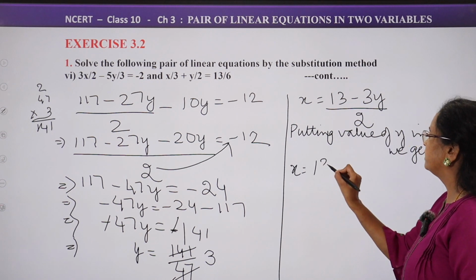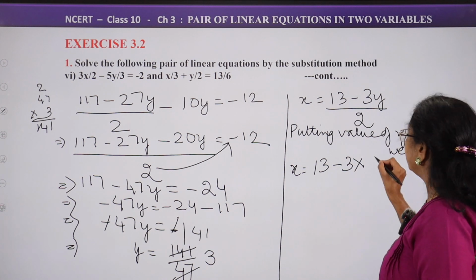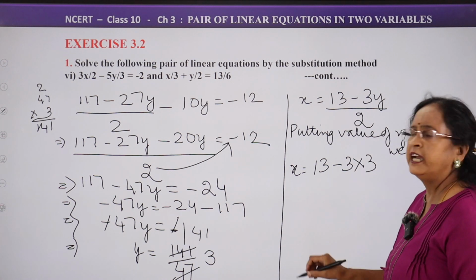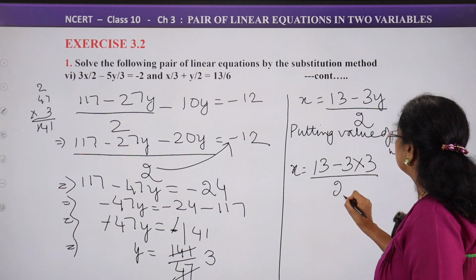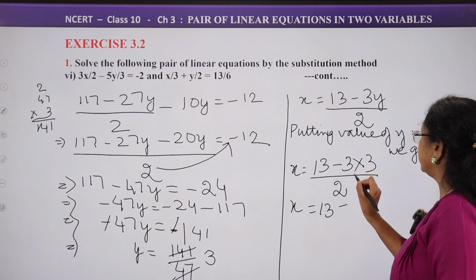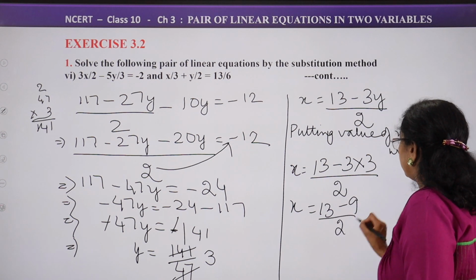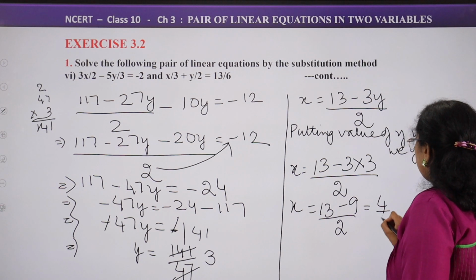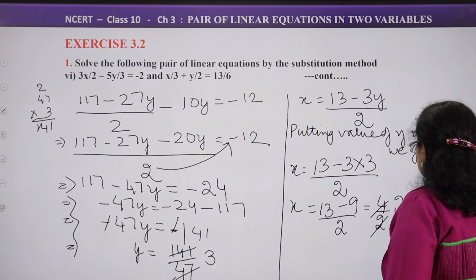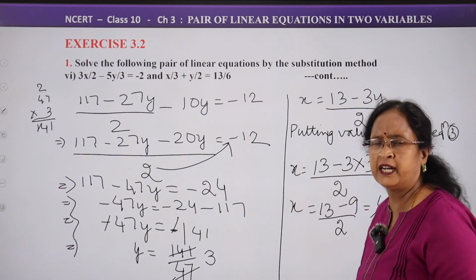X is equal to 13 minus 3 into y is 3, 3 whole by 2. X is equal to 13 minus 3, 3s are 9 by 2. That is 4 by 2. Cancels, I get 2. Please don't leave the answer here.